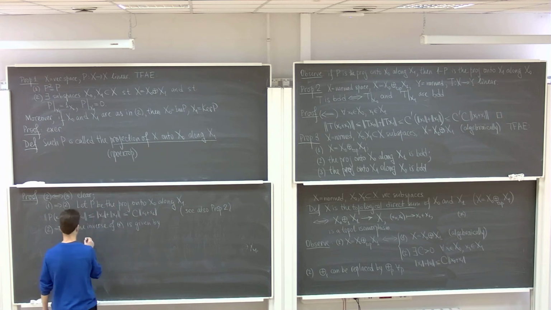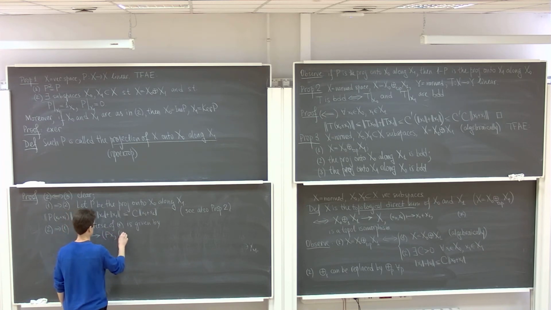It takes each vector x to the pair p of x and 1 minus p of x.